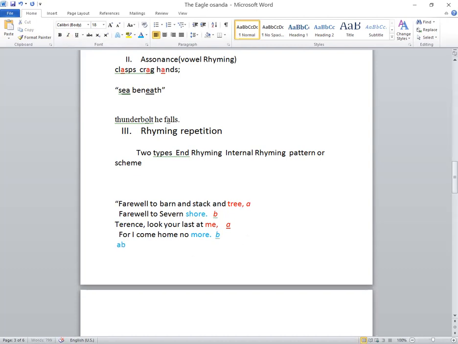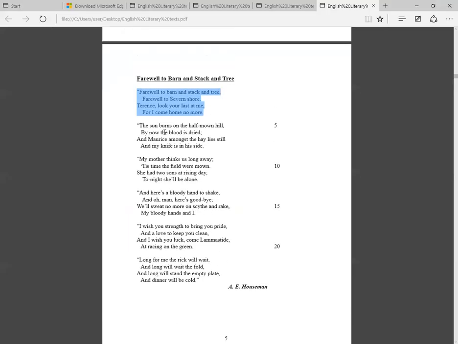A, B, yes, A, B. What is the pattern? A, B, A, B. In every stanza, there is A, B, A, B. Every one is like that.